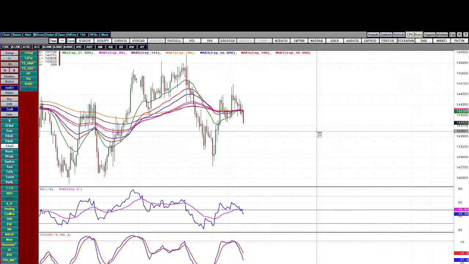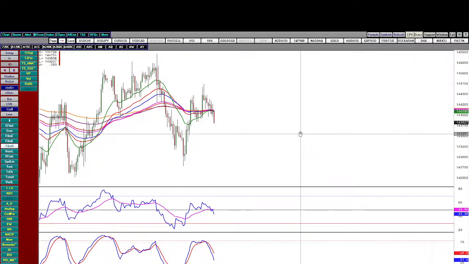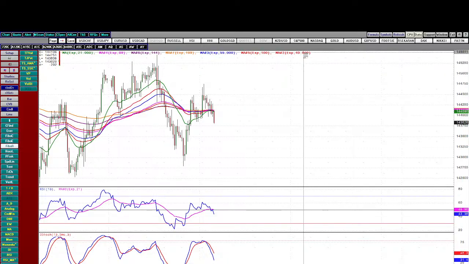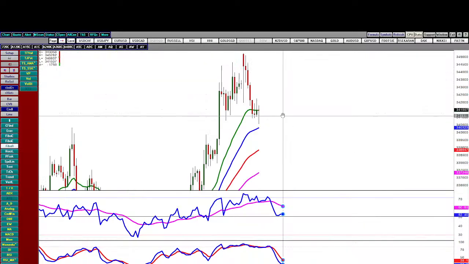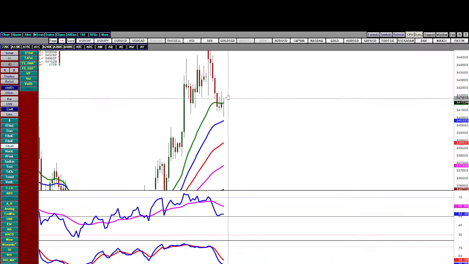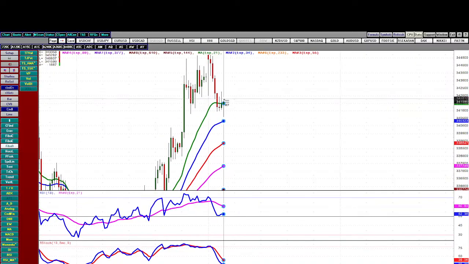So let's move on to Dow Jones and Nasdaq. Before we come back to our gold trade, the gold is still trading at 15. Just now I think it broke the low, but we have yet to see the price moving down.